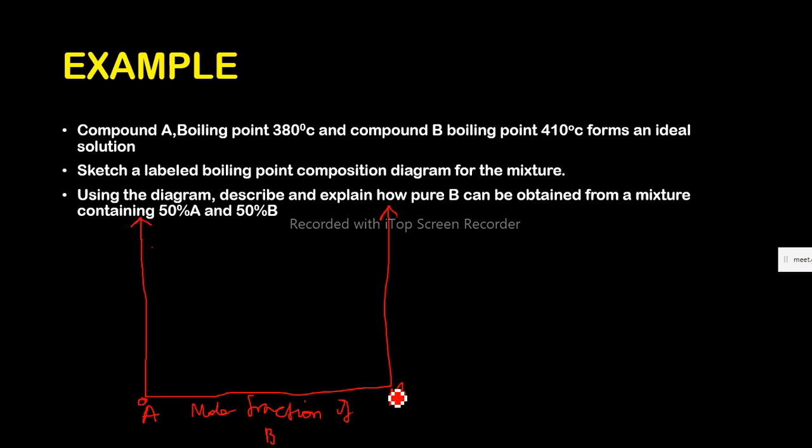If this is the mole fraction of pure B, then at 0 B, you have pure A.